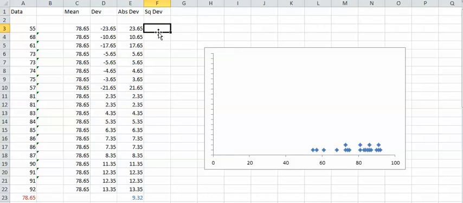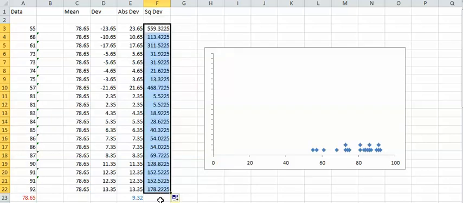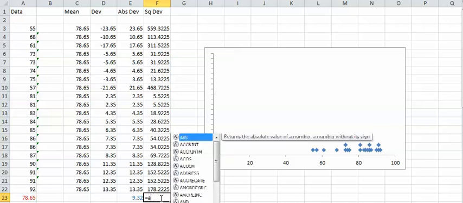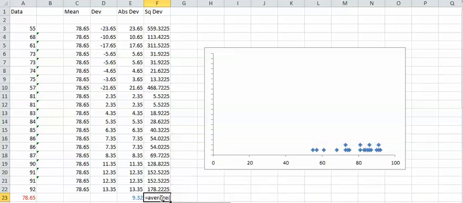What I can do here is multiply each deviation by itself. I can square each deviation. So this is just the deviation multiplied by itself, and this will do it for every row. The variance is just the average of the squared deviations.